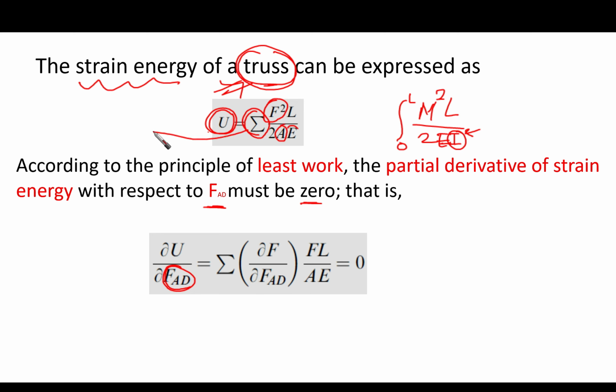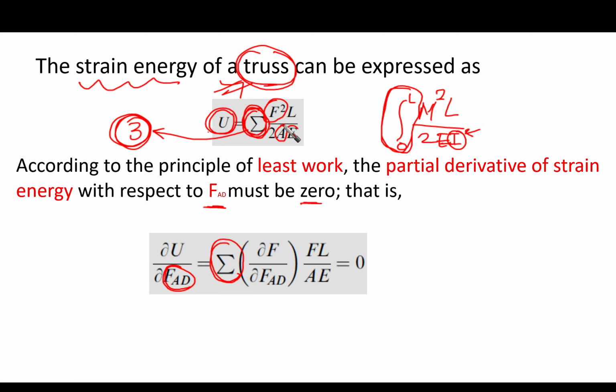So here the summation is going to be for 3 members, for example. We are going to repeat it for 3 members. Take care of this kind of difference between the beam integration and the axial forces summation. Now we are dealing with summation, not integration.